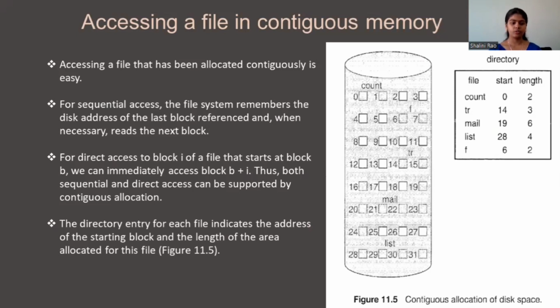For direct access to block I of a file that starts at block B, we can immediately access block B plus I. Thus, both sequential and direct access can be supported by contiguous allocation. The directory entry for each file indicates the address of the starting block and the length of the area allocated for this file, which is shown in figure 11.5.